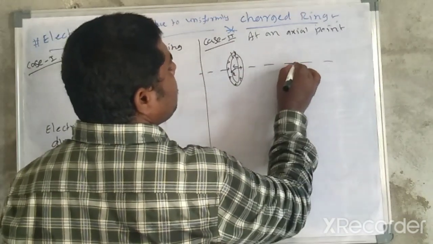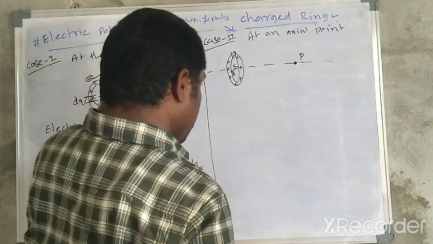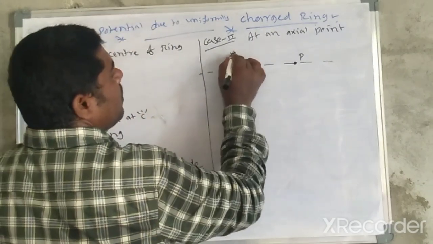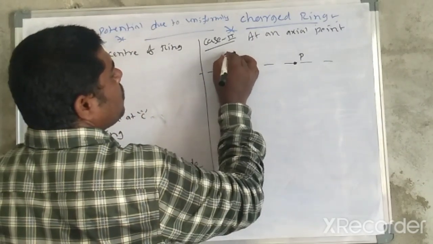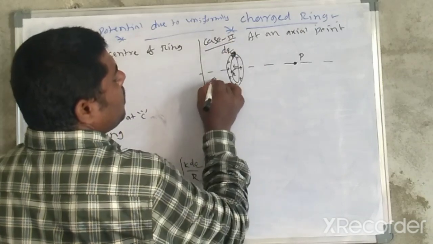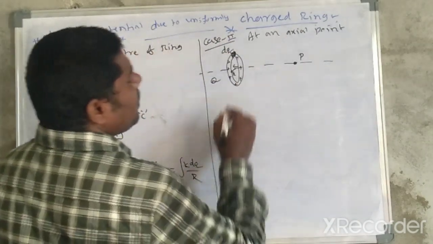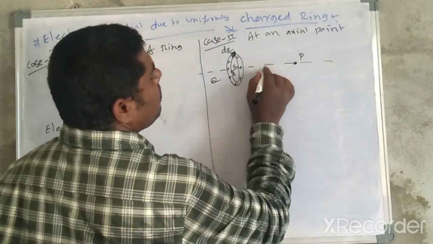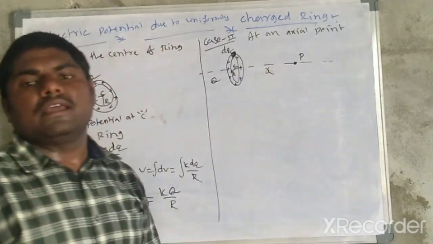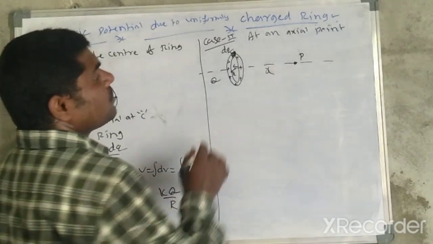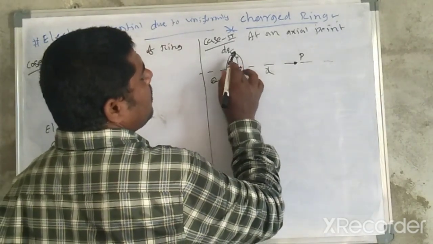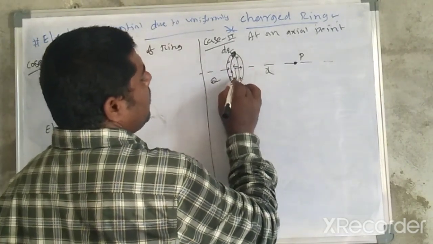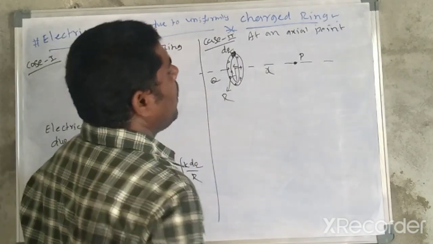Let us consider this point P. Here the small elemental charge is dq, total charge capital Q. The distance from C to P, let us consider x. This radius is capital R.